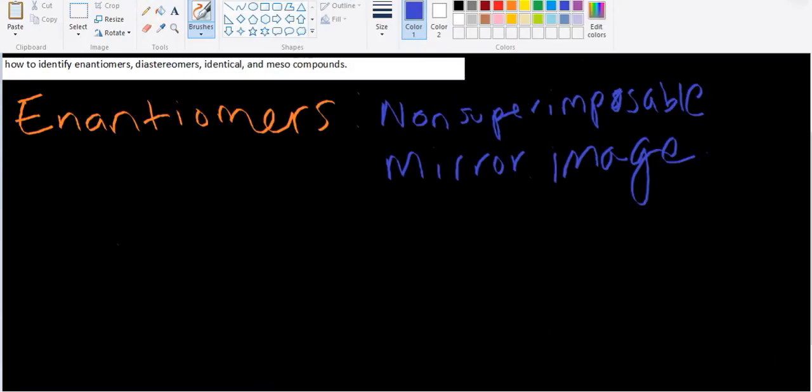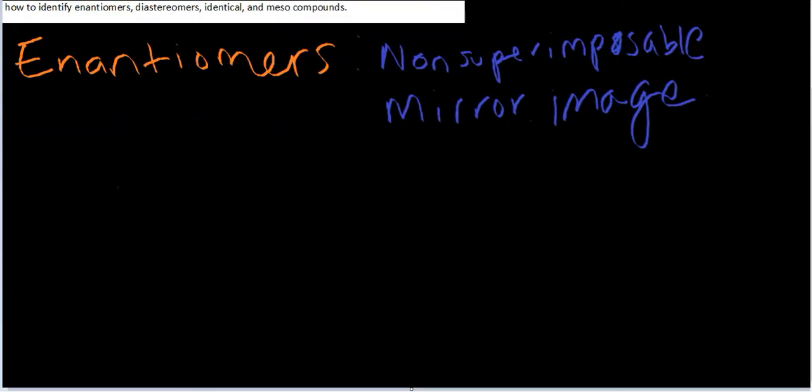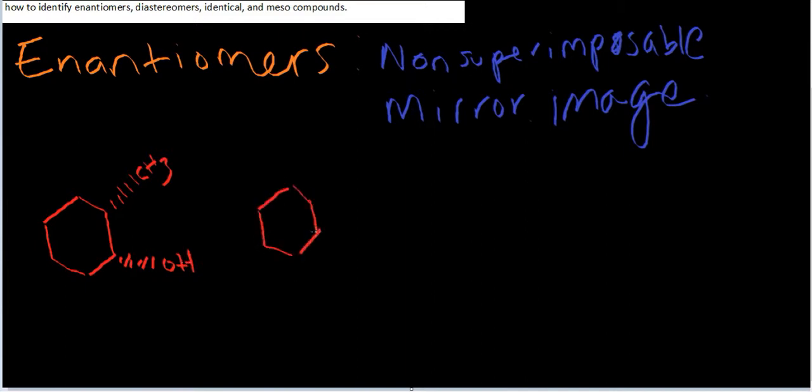So here's a picture of an enantiomer, and I'll give you some questions that will help you understand. Hopefully you know that this is CH3, and we'll have an OH group, and I'll have the other molecule look something like this, CH3, and here's your OH.